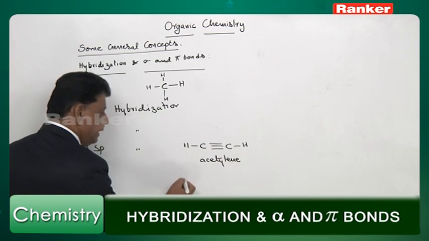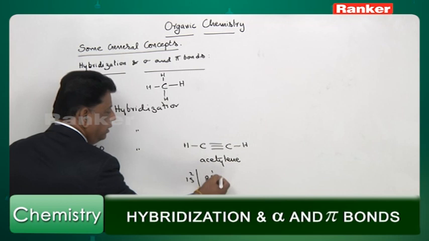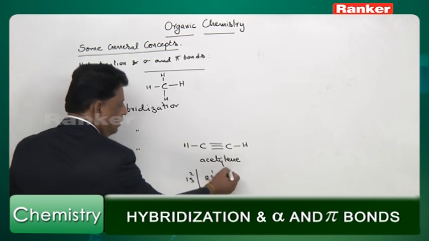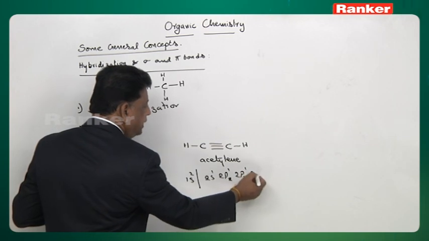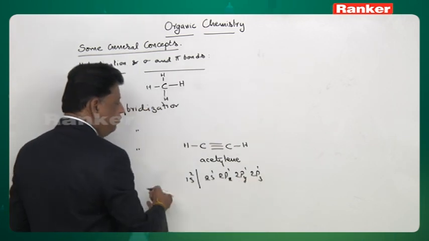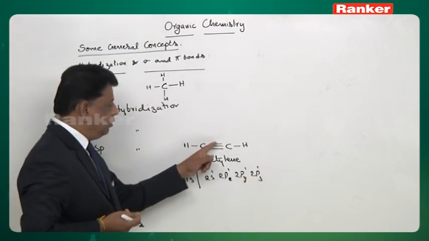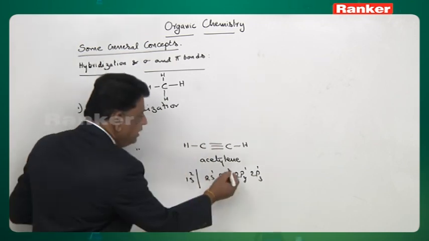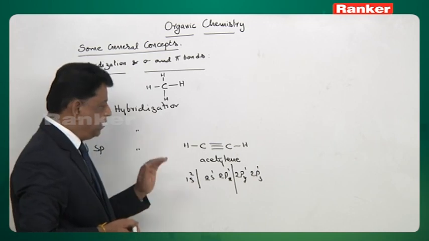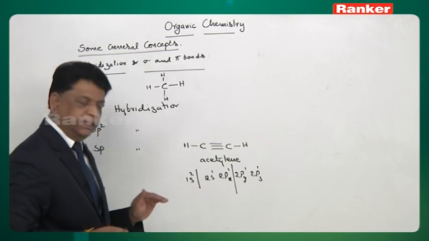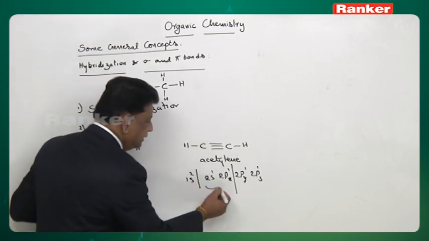So in the excited state we have 1s2, 2s1, 2px1, 2py1, 2pz1. Out of these 4 electrons, 2 are going to make the pi bonds. So leave these 2 orbitals for the pi bond formation. They are not going to participate in the mixing process called hybridization.